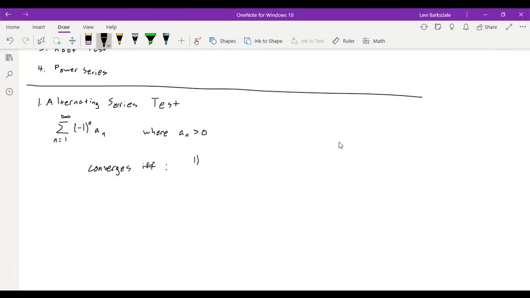And that first condition is the limit as n approaches infinity of a sub n is equal to 0, so it passes the nth term test. And our second condition is that every term is smaller than the term that came before.